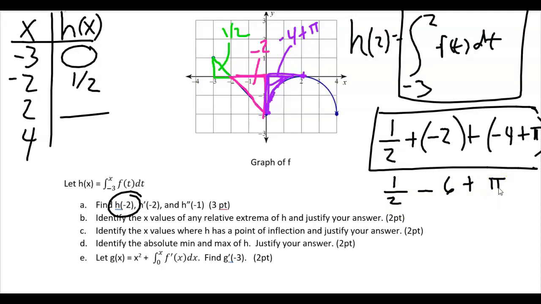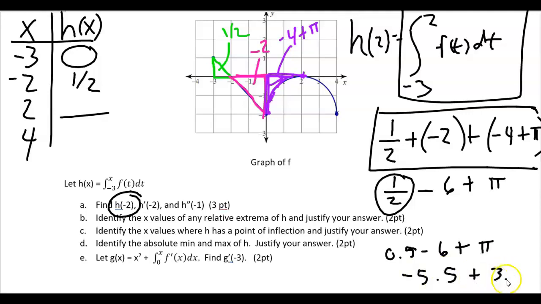So we have 1/2. Let's think of that maybe as a decimal might be easier. 0.5 minus 6 plus pi. Now 0.5 minus 6, that's going to be -5.5. And I'm adding to that pi, which is about 3.14, right?